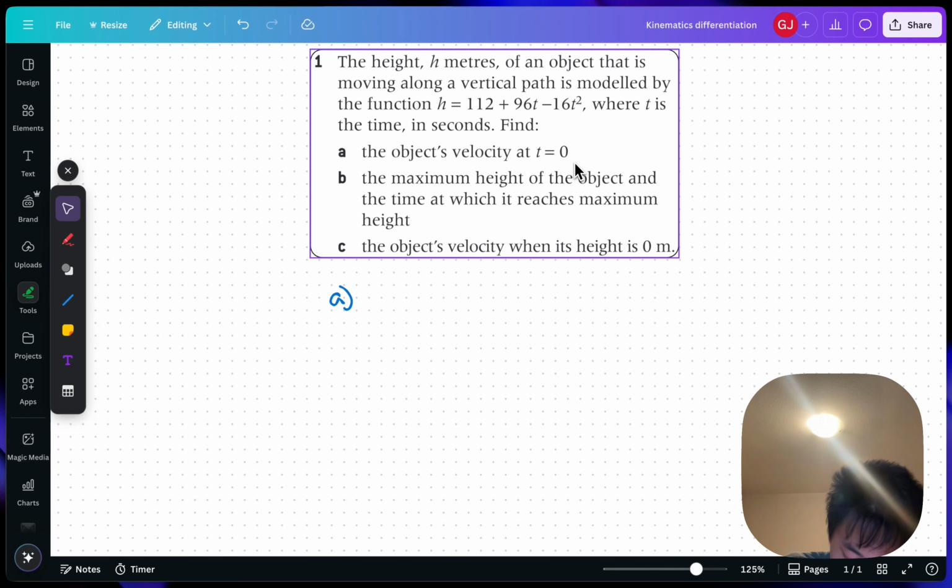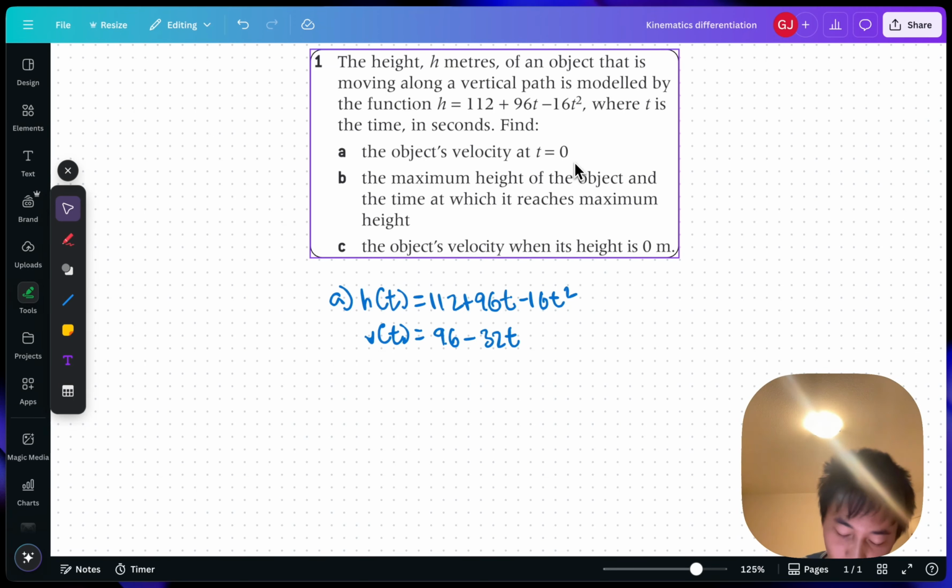If h equals 112 plus 96t minus 16t squared, the derivative of this would be velocity, and using the power rule, we would obtain 96 minus 32t, because the derivative of a constant equals 0 and the power rule would result in this.